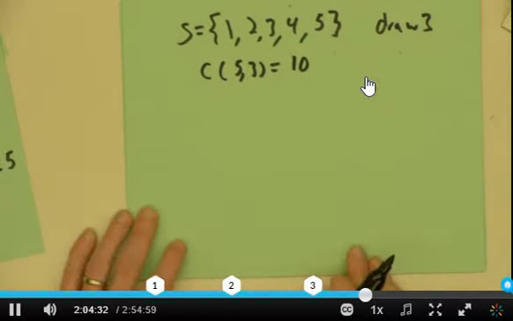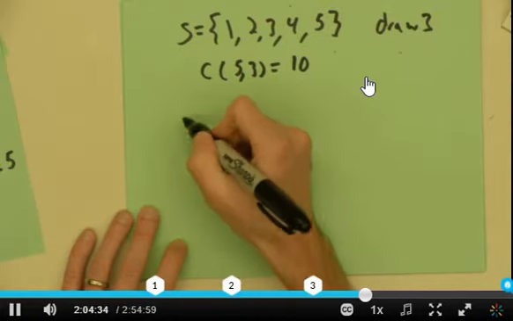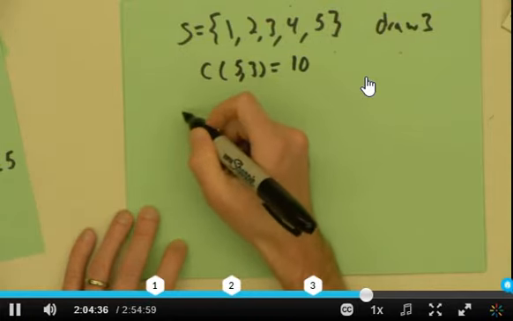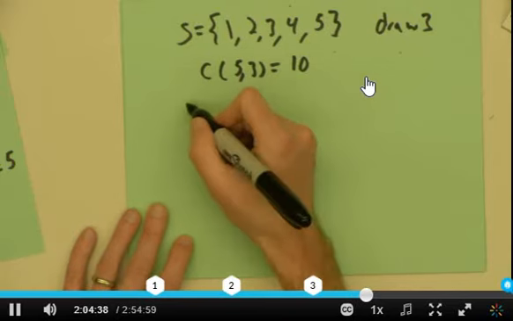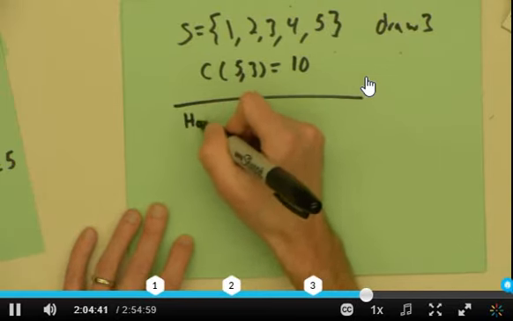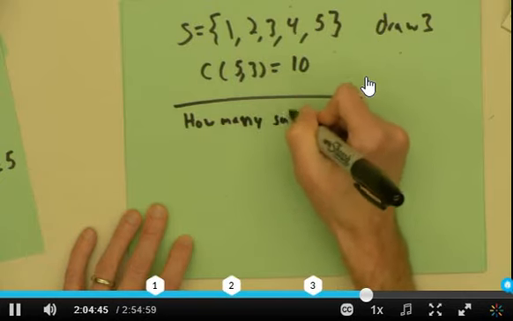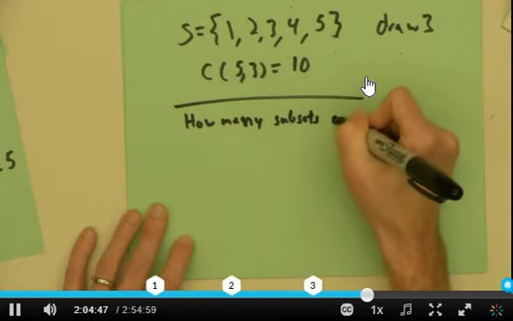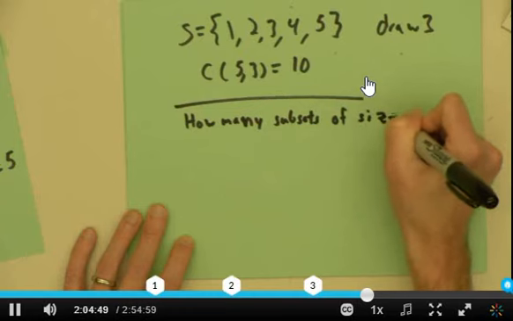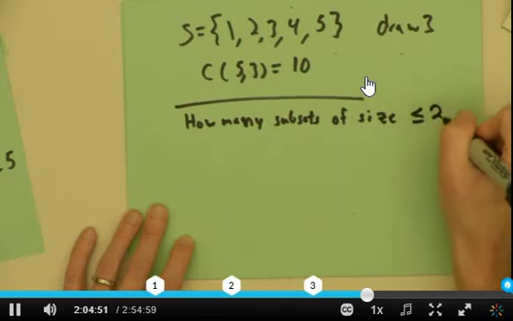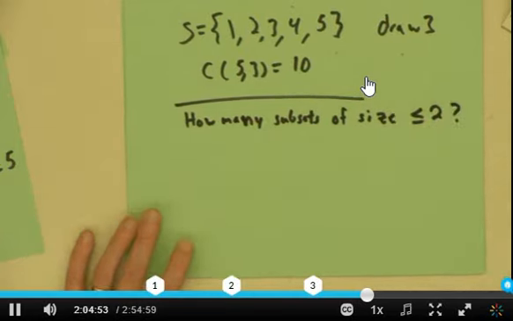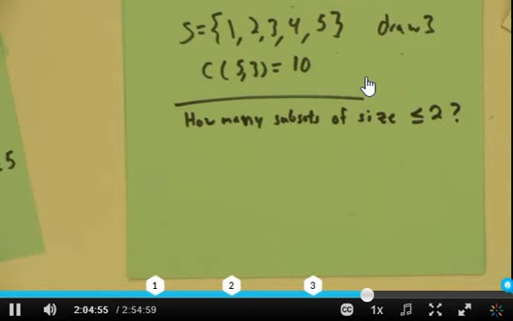There were 10 possibilities. How many subsets are there of size 2, or size at most 2? How many subsets of size less than or equal to 2? How could I calculate that?